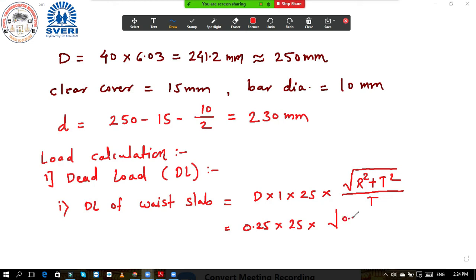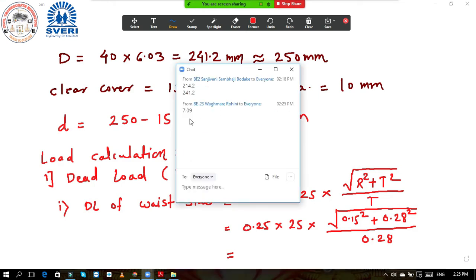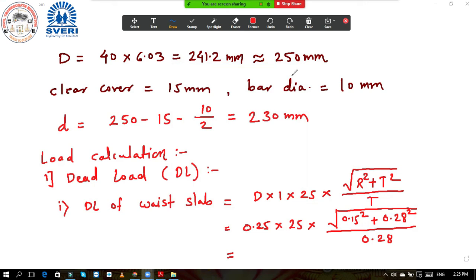Riser we have assumed 150 mm, so 0.15 square, plus tread 280 mm, so 0.28 square, and whole divided by tread, that is 0.28. Now if you solve, you will get the dead load of waist slab. It is 7.09. Please check it. 7.09 kilonewton per meter.